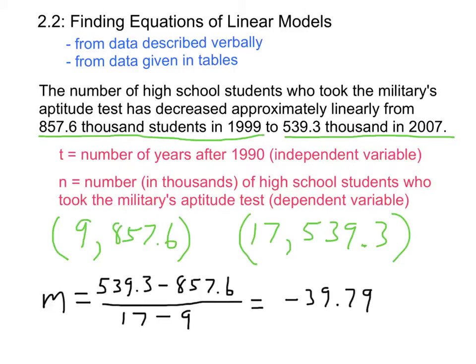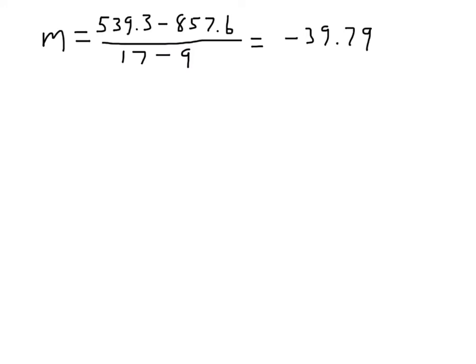And in this case, since this is an application, we want to get a decimal answer, so we'll just divide that right out in our calculator, and it comes out to be negative 39.79. Now we just need to choose one of the two original ordered pairs to use along with this slope. I'll pick the first one, 9, 857.6.